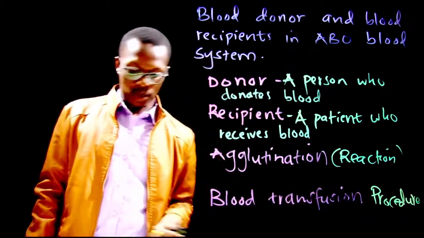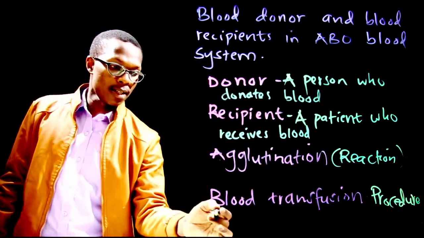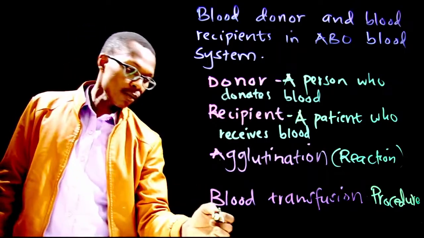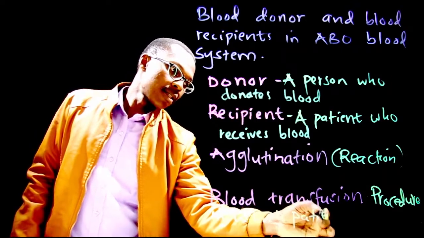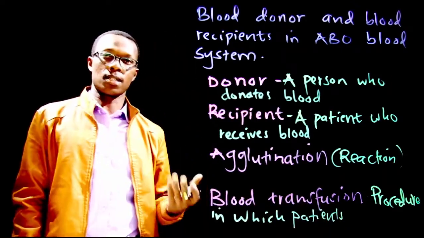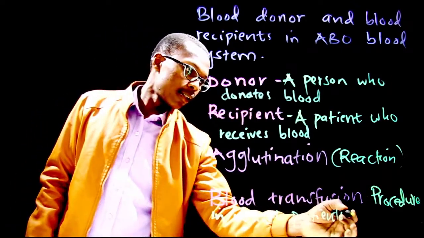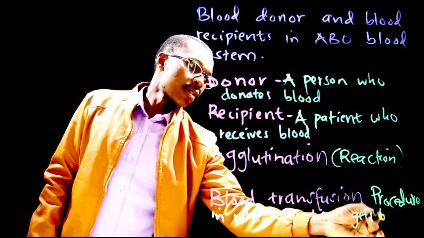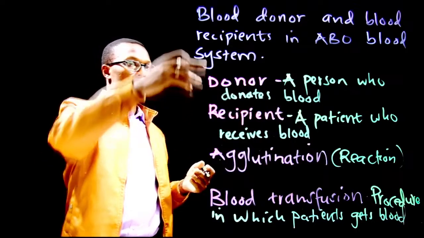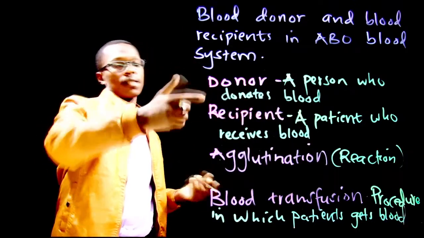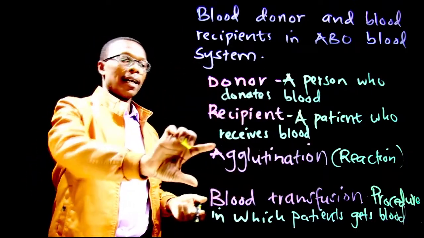So you can say it is a procedure in which patients get blood, they receive blood from their donor. The recipient is the person who is sick, who needs the blood.